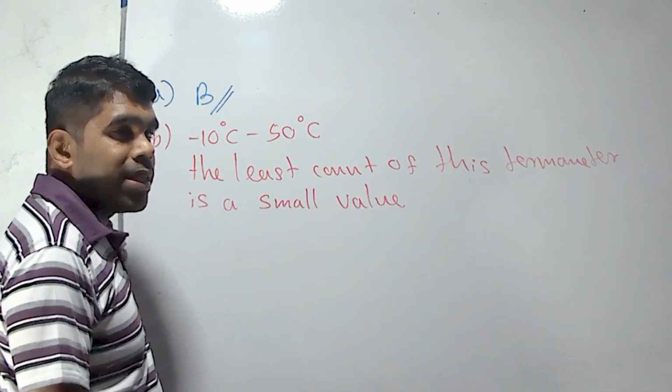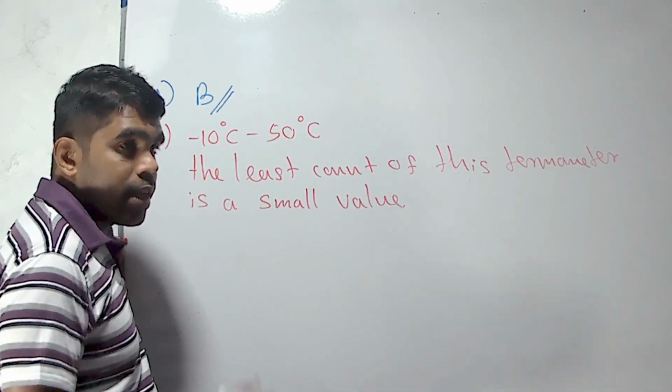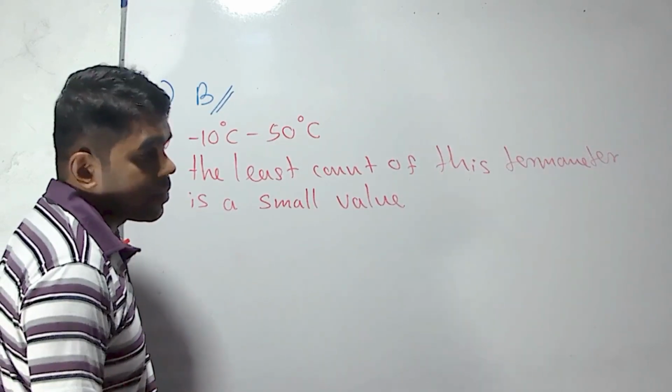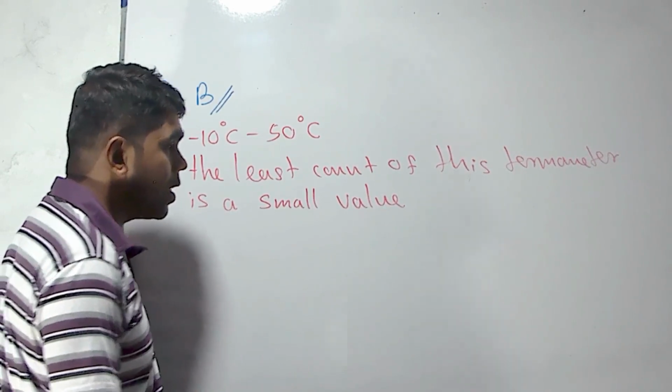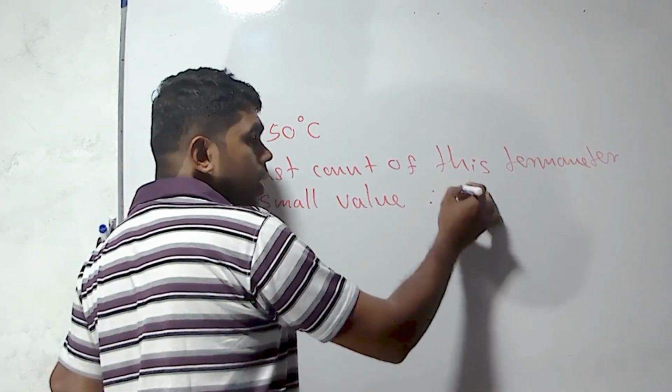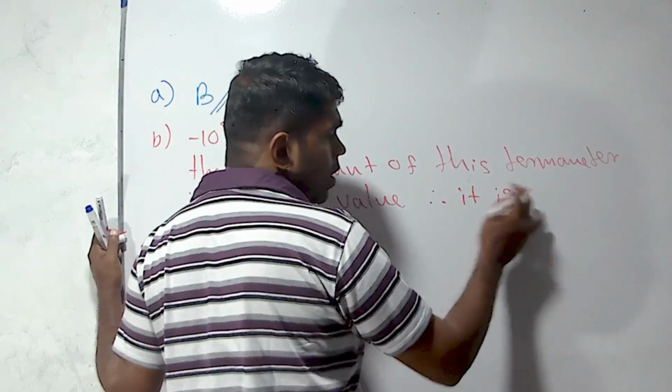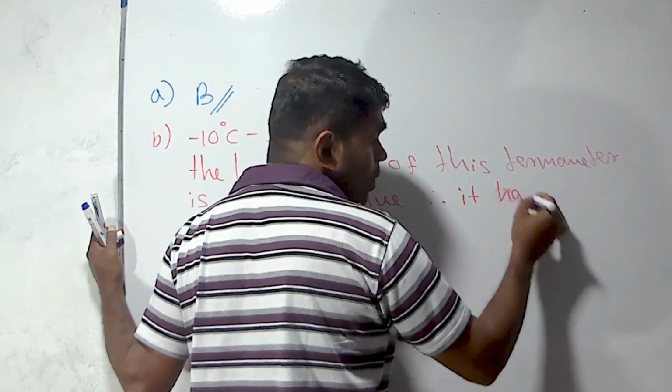We know that percentage error is least count divided by reading multiplied by 100%. Therefore, it has a high accuracy.